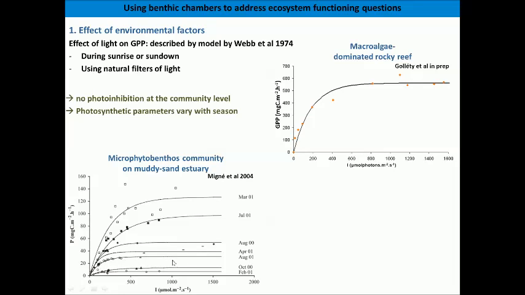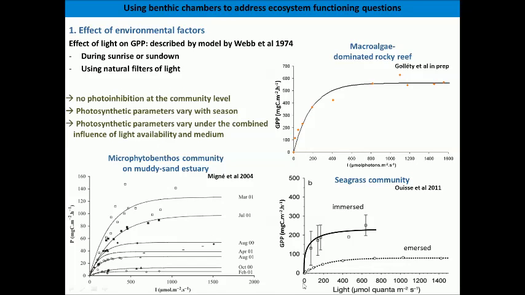Again, no photoinhibition, and with the added value here that by performing the same type of measurement at different times throughout the year, they looked at how the photosynthetic parameters varied with the season. You can also look at how photosynthetic parameters vary, whether you're at low tide or high tide, which is what had been done here on the seagrass community.